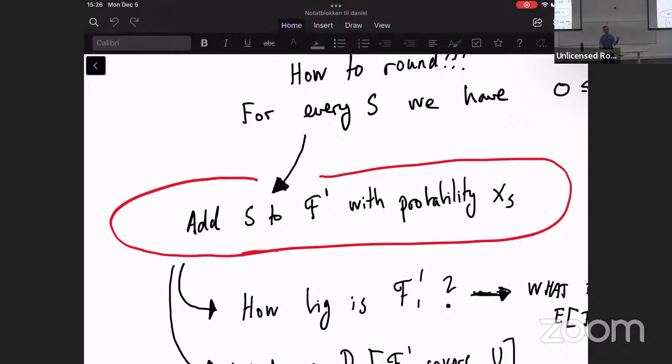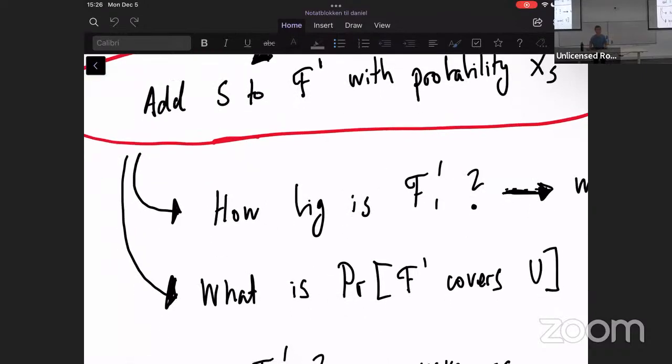Now we should ask the same kind of questions that we did for vertex cover. The first one is, how big is this family going to be? We do find some family of sets in this way. And the second is, is it going to cover U? Notice that F prime is now a random variable.